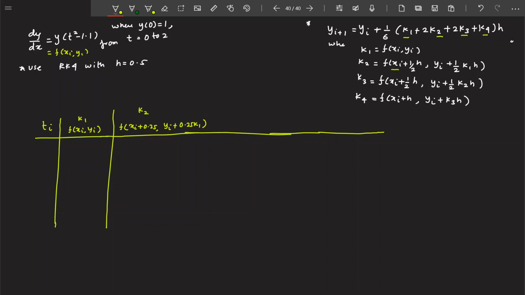One thing again that you need to note here is the calculation of k1 will be used in calculation of k2. So it's kind of a recurrence relationship, and the value of k2 will be used in calculation of k3. Let's move on to the next column, k3. Then is your k4.